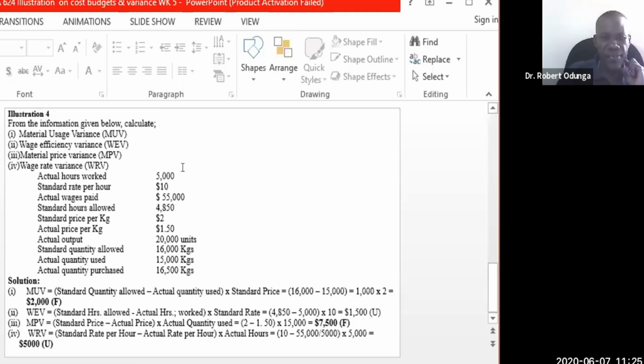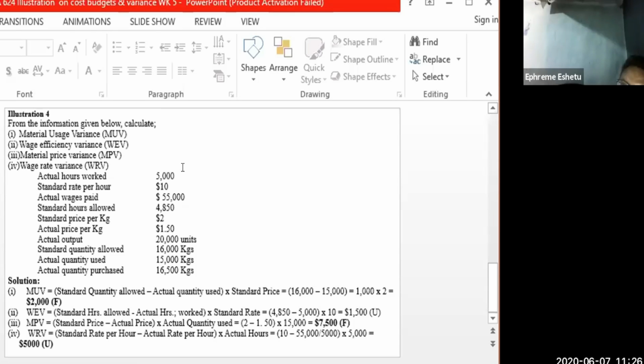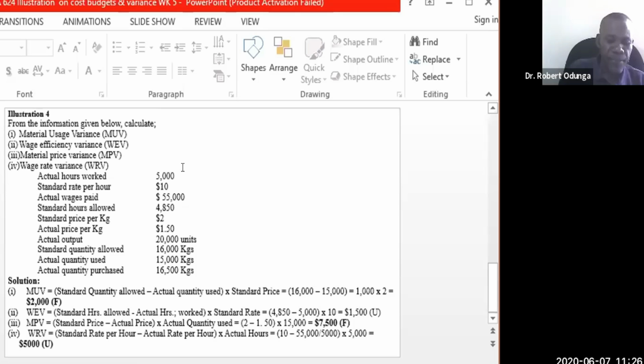All right. So you've been given the figures there. The actual hours worked are 5,000. The standard rate per hour is 10. The actual wages paid is 55,000.